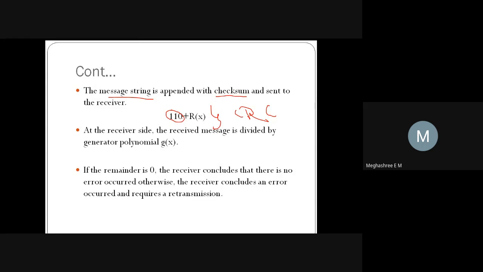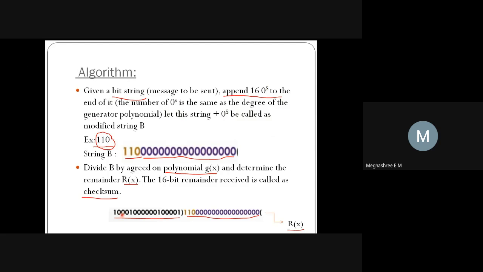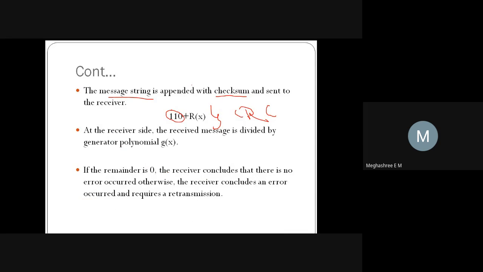Initially, the data that I have considered is 110, and for that 110 you have to append the checksum, the remainder. That will give you the CRC, or you can say the CRC code, and this code should be sent to the receiver.